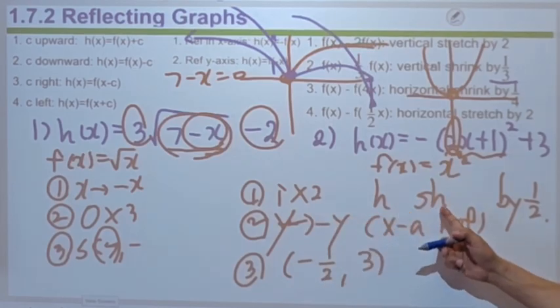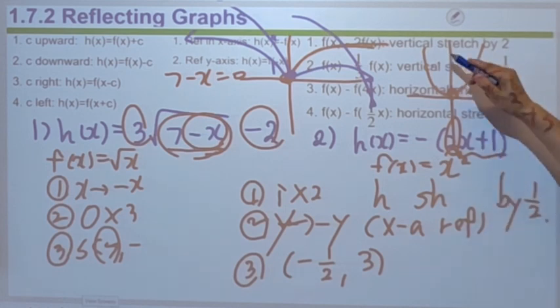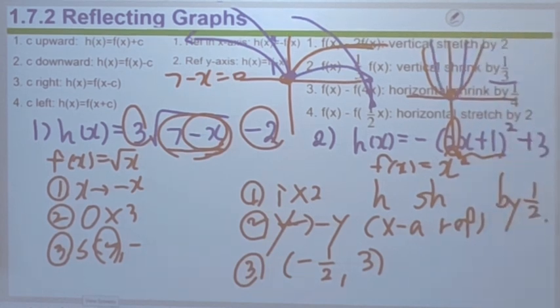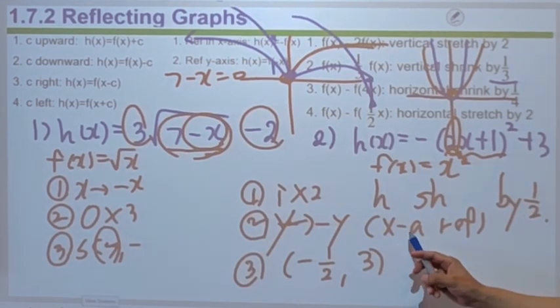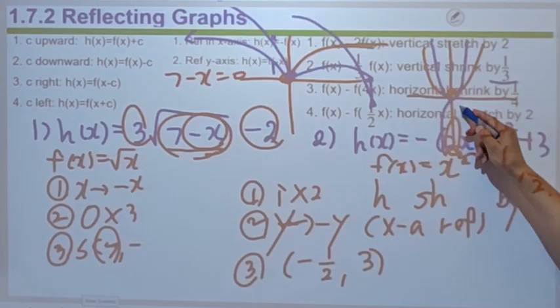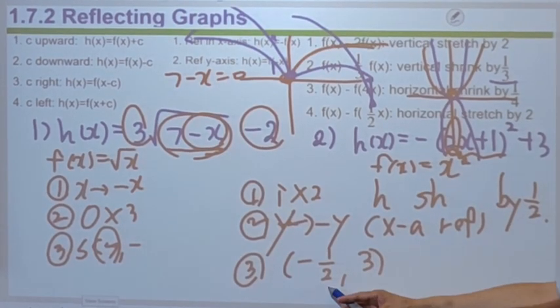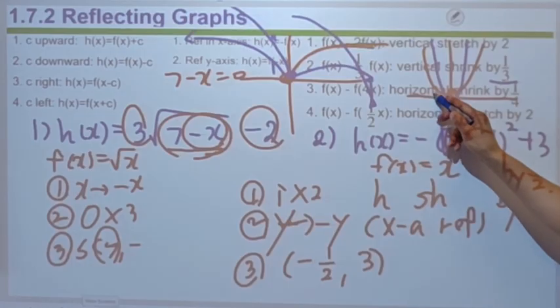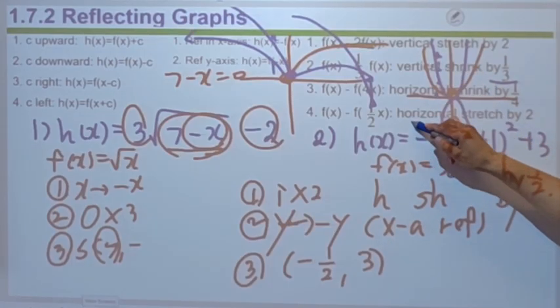So horizontal shrink. Horizontal shrink means become what? So something like this, right? And then x-axis reflection, that becomes what? Like that, right? X-axis reflection, right? And then 1/2 to the left. So let's say this is 1/2, 3 up. 1, 2, 3 up, like that. So the graph should be something like that.